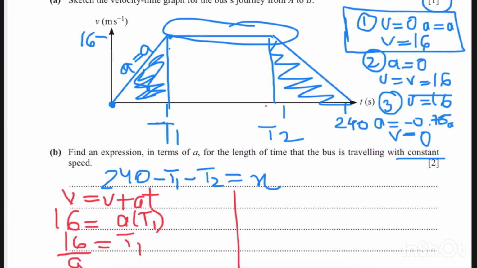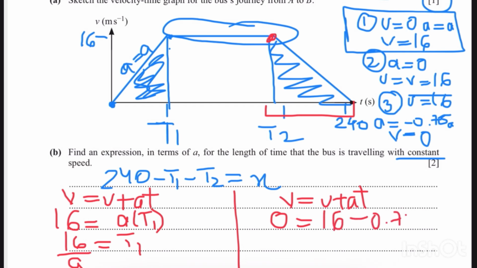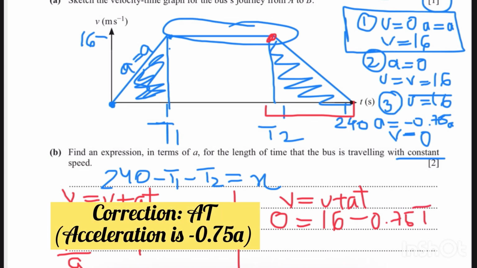Now for this time segment, we can use the v equals u plus at formula again. The final velocity is 0 since it comes to rest, and the initial speed was 16, so 0 is 16 minus 0.75a times t.